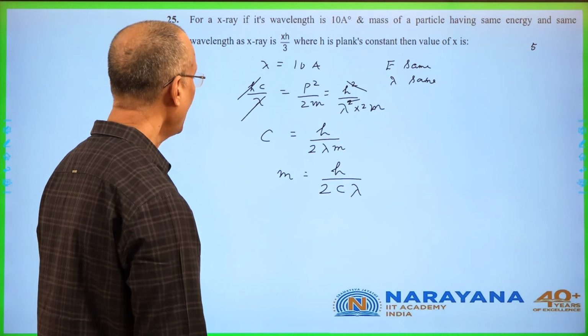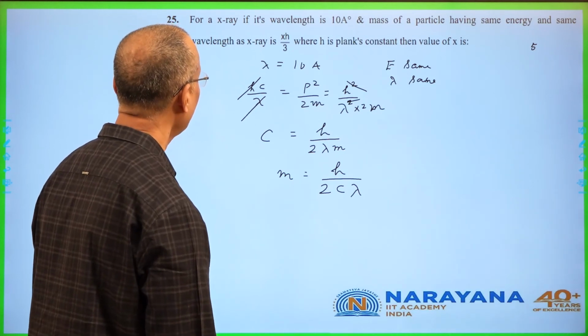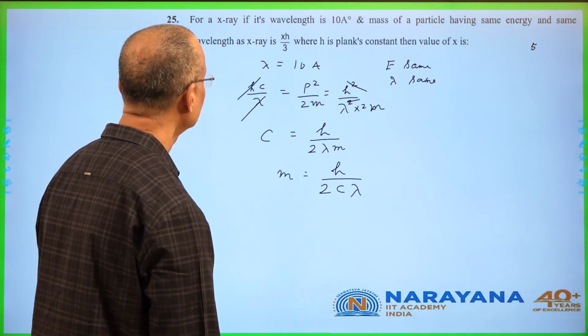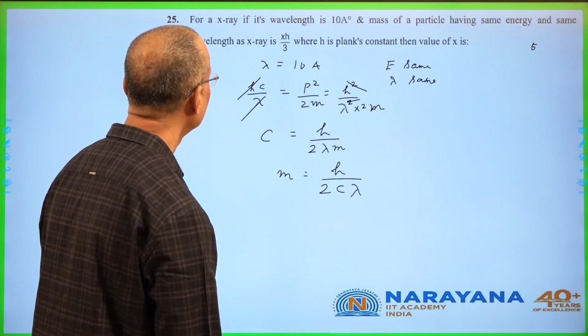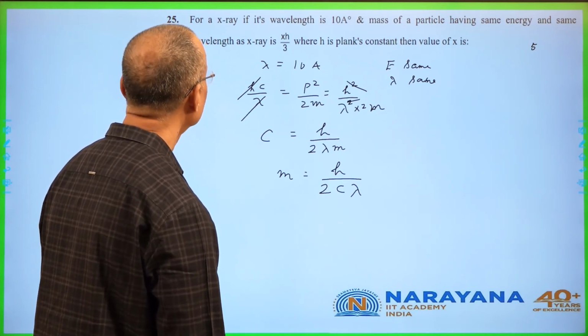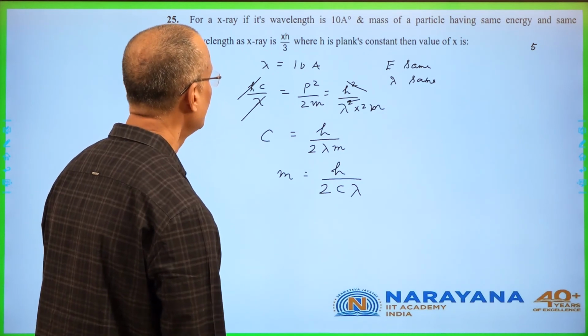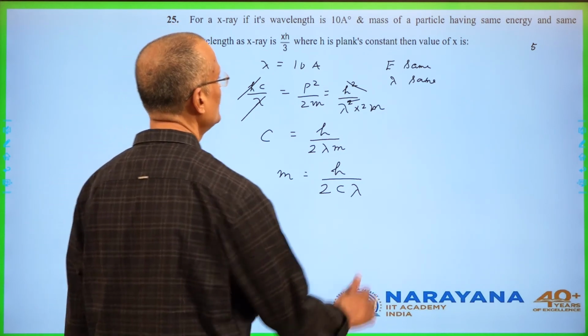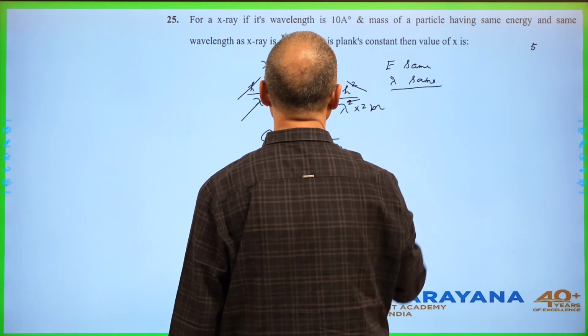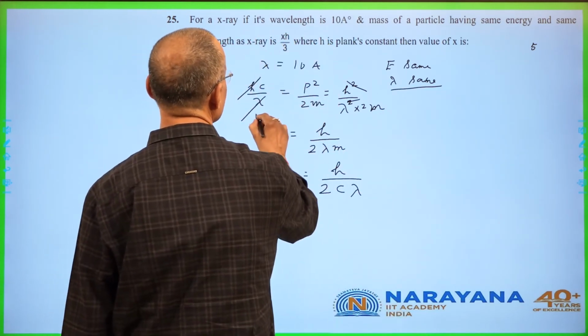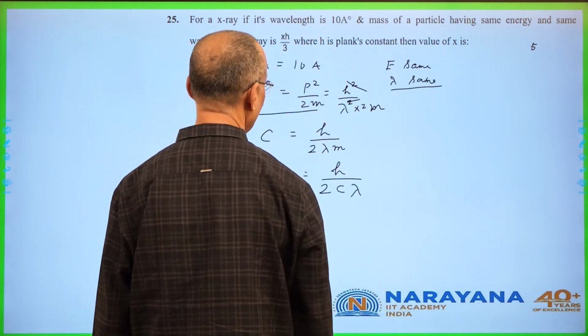Now, h, if you are taking x, h by 3, clear? So they have given you all the values, you will have to substitute the value. Lambda is also the same, they have told you. I have taken energy same here already.